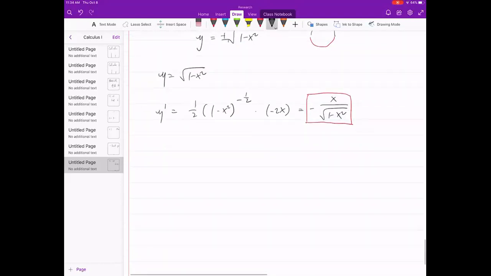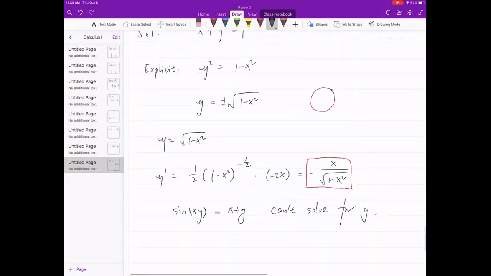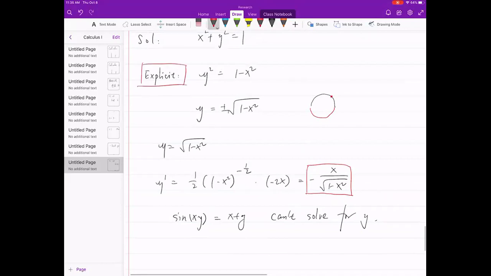Like the example I gave you just now, you simply can't solve it, at least not in an elementary way. Good so far? Keep in mind, if you see something implicit, this is always an option. My comment is, not a good one. But if you're desperate, that's something you can try.